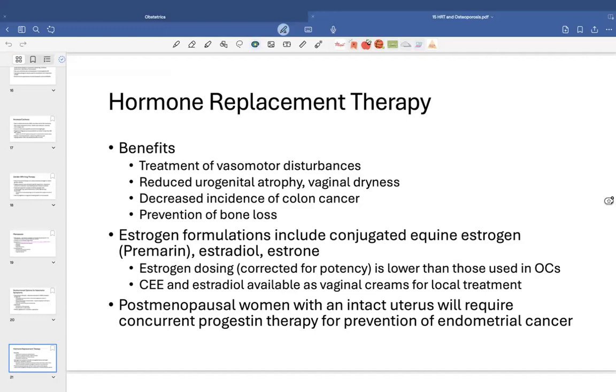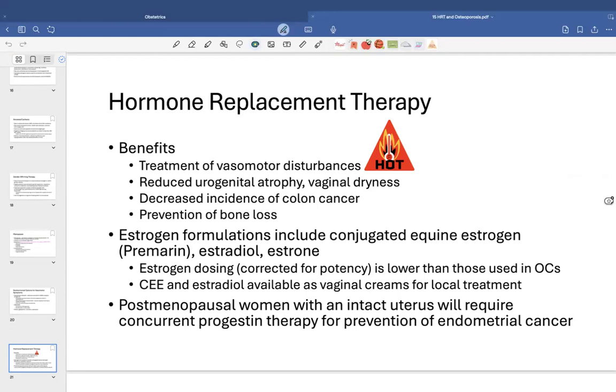The formulations used include Premarin, the conjugated equine estrogens, as well as estradiol and estrone. But when we're replacing hormones in postmenopausal women, it's going to be much lower doses than contraceptive doses. So basically a low daily dose of an estrogen given continuously.